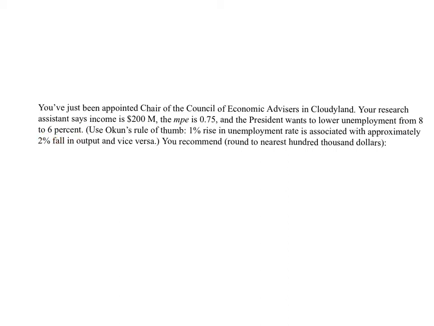Now we're going to need to use Okun's rule of thumb in this problem. Okun's rule of thumb is that a 1% rise in the unemployment rate is associated with approximately a 2% fall in output, or GDP, and vice versa. So a 2% decline in unemployment would be associated with approximately a 4% rise in output in this problem.